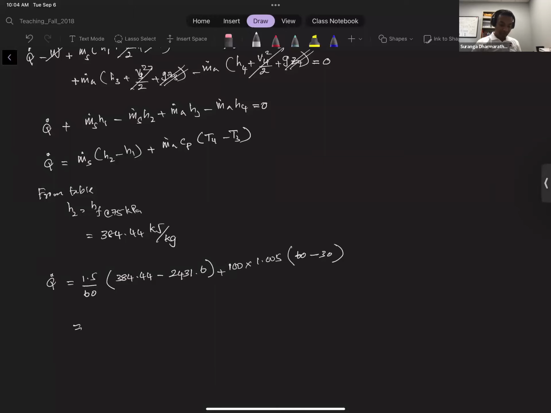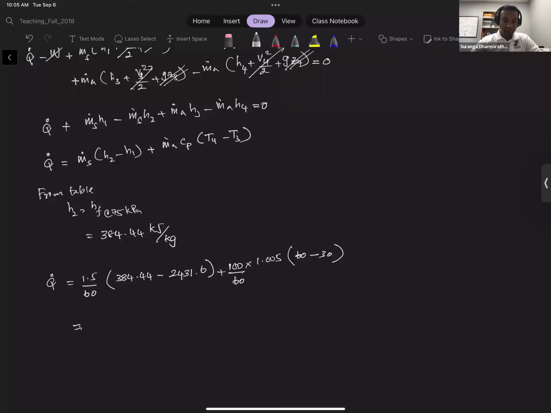Remember, this should be in Kelvin, but if you add 273 and then subtract 273, 60 minus 30 is whatever you have. And it should also be divided by 60 because this is per minute as well.